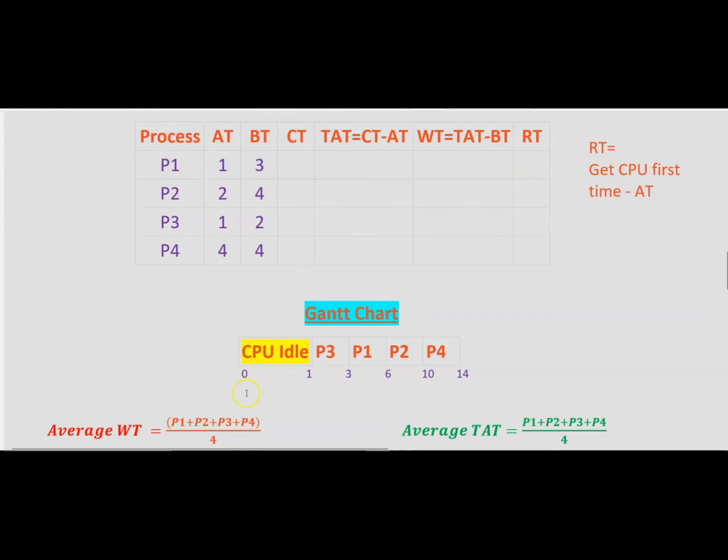If we get any such situation, we will call our system not a fair system, because the aim of the operating system is never to make the CPU idle, but we have to show it in our Gantt chart. So 0 to 1 is the idle state of the CPU.